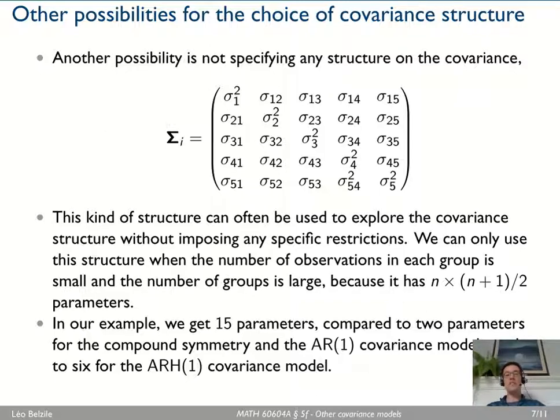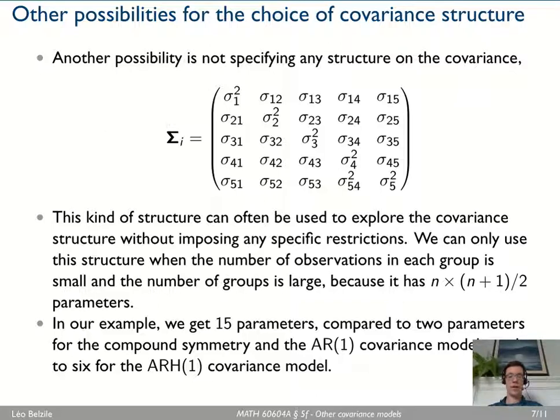This 5 by 5 matrix has 25 entries, but because of the symmetry, sigma 1,2 is sigma 2,1, and so on. So really there are n times n plus 1 over 2 parameters. This is 5 times 6 over 2, that's 15 parameters in total.